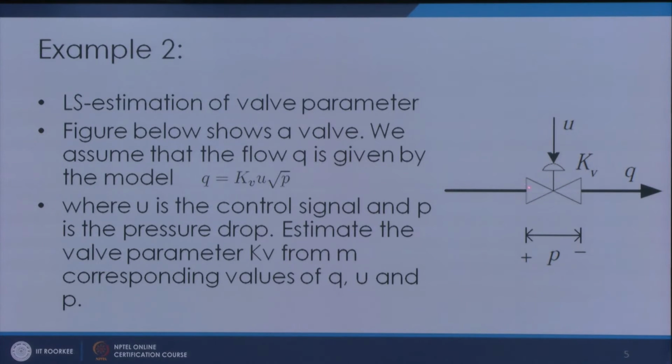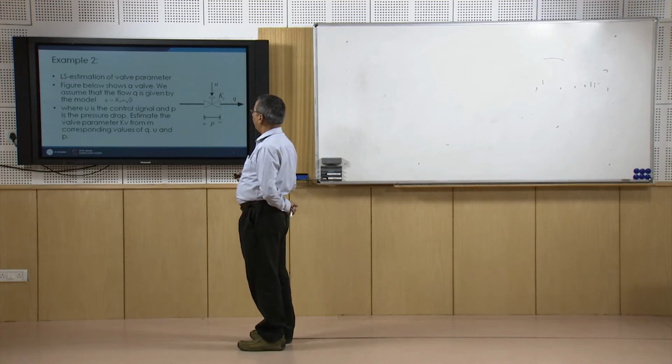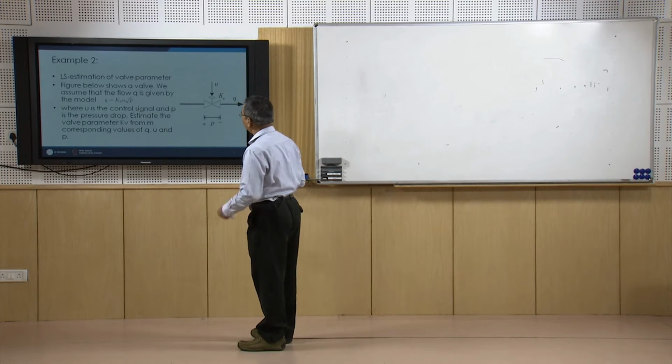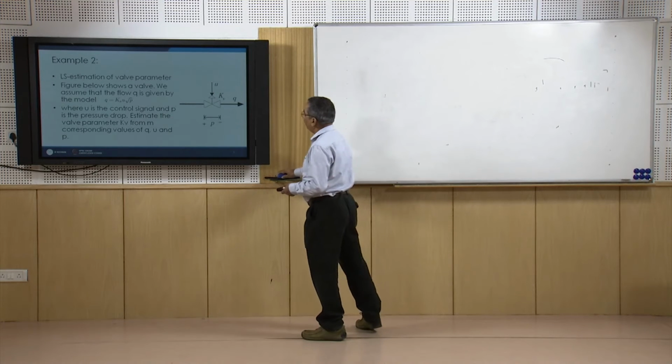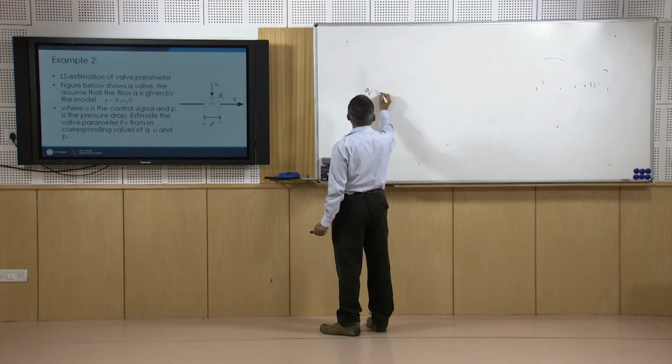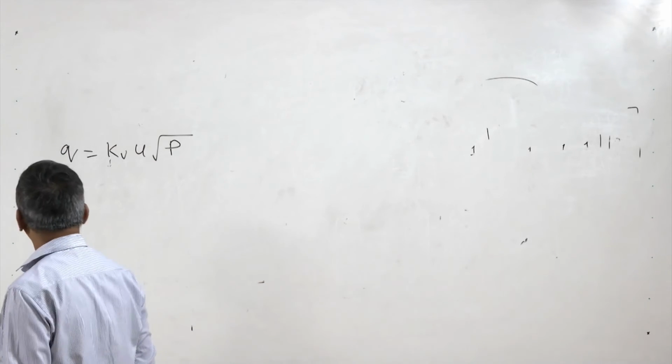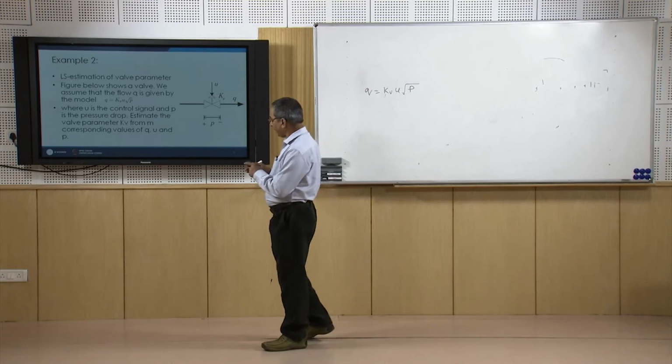In this valve there is a control signal U coming here, and because of this control signal, when water passes through this valve, there is a drop in pressure P. So, we assume that the flow Q is given by this mathematical model: Q is equal to KV, U underscore root P. Now, you see that this KV is unknown to us.